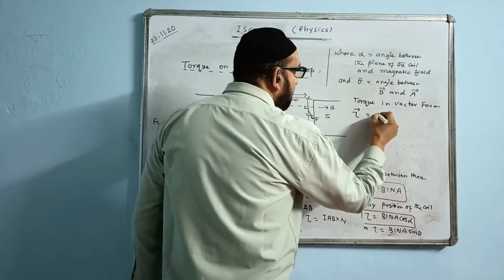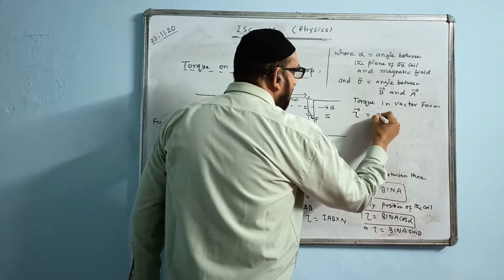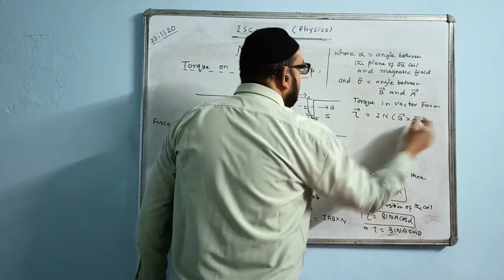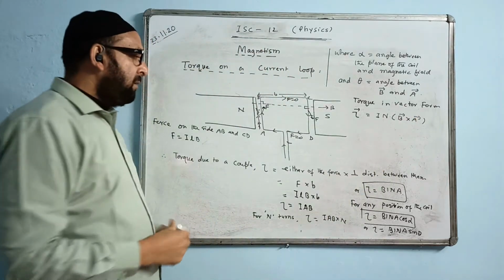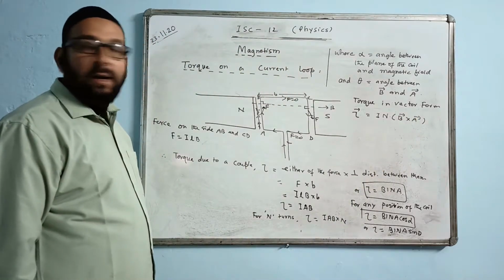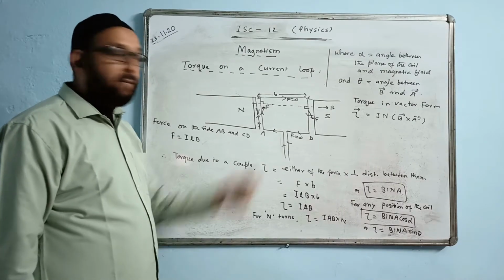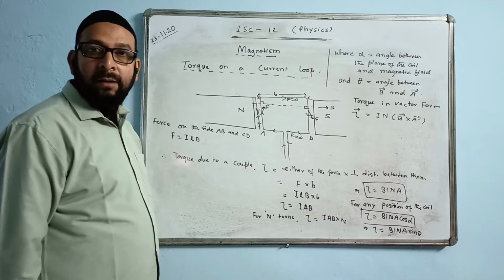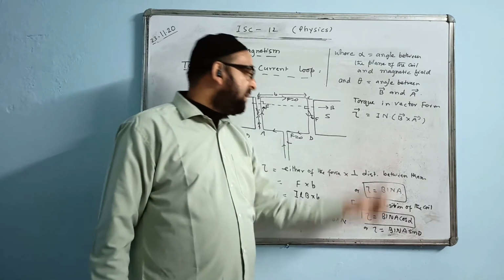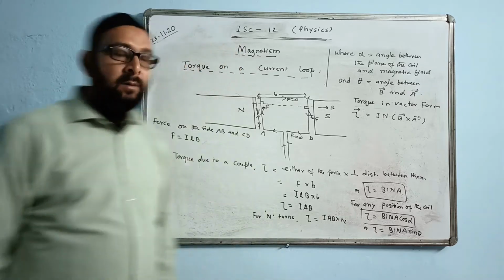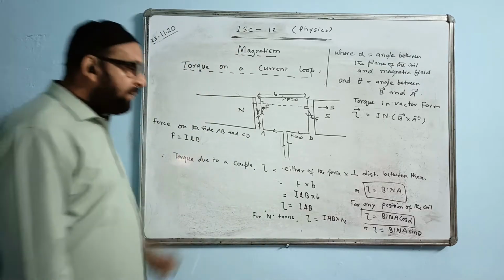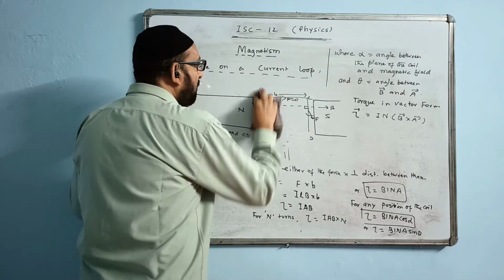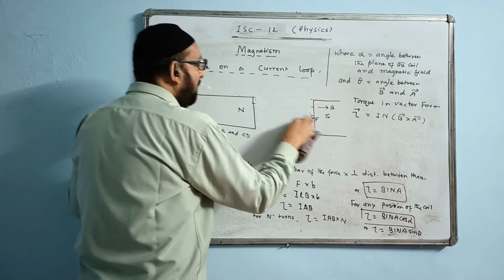When you expand B cross A, the answer becomes BA sin theta. But why this happens, if you want to learn the logic, the logic will not come here, but I'll just show you why it becomes like that.